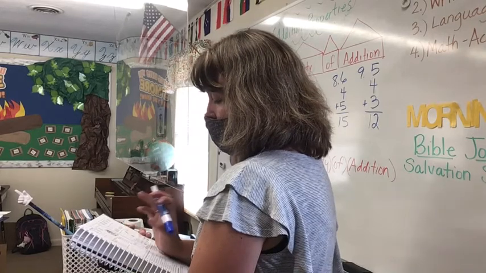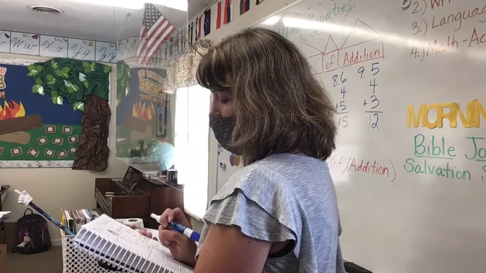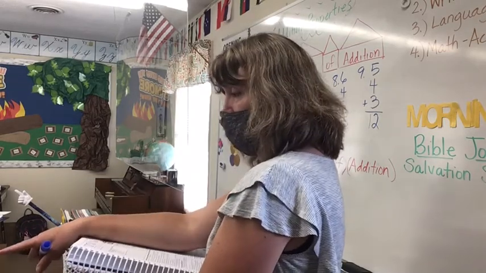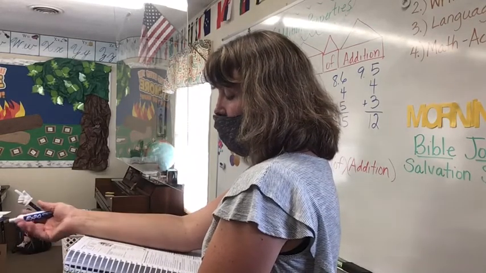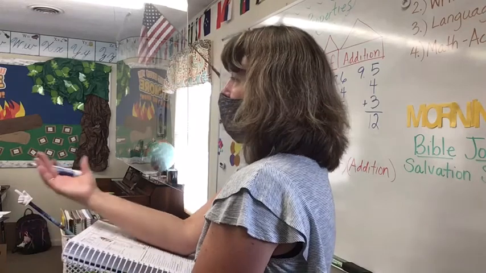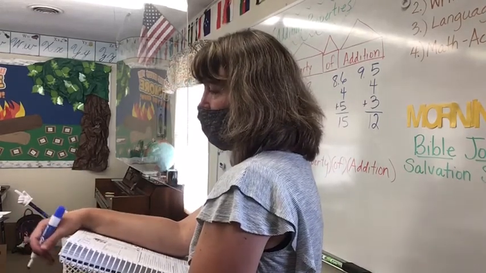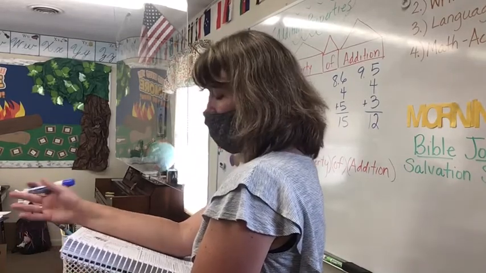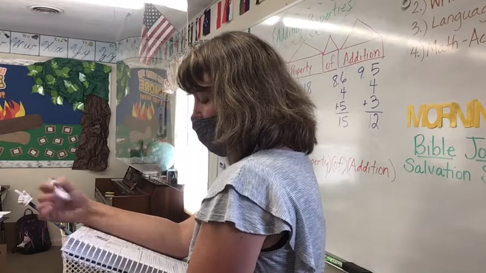Okay. Now, for numbers 12 and 13, it says write the missing number that completes the fact family. So that's what you're talking about, Nicholas. Fact families are just any family of number sentences. 1 plus 2 is 3. So, write the related facts for the fact family.